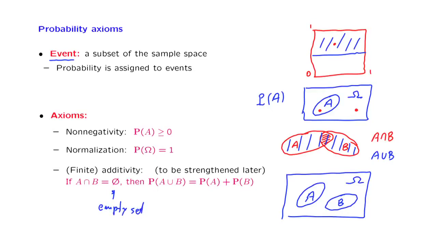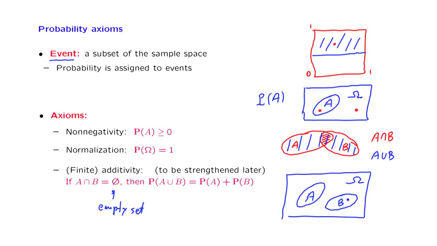So if the intersection of two sets is empty, then the probability that the outcome of the experiment falls in the union of A and B, that is, the probability that the outcome is here or there, is equal to the sum of the probabilities of these two sets.